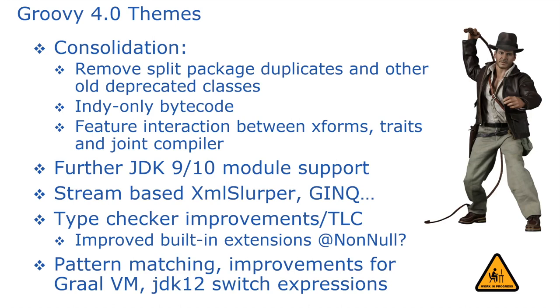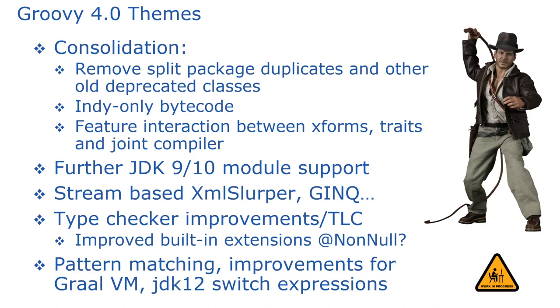And what are the themes of 4? A lot of consolidation. At the moment, there's all that split package stuff, so by the time we get to Groovy 4, there'll just be one version of everything, and it'll all be in the right spot. At the moment, we've got indy. When you have the indy feature turned on, you've got invokedynamic flavored bytecode.